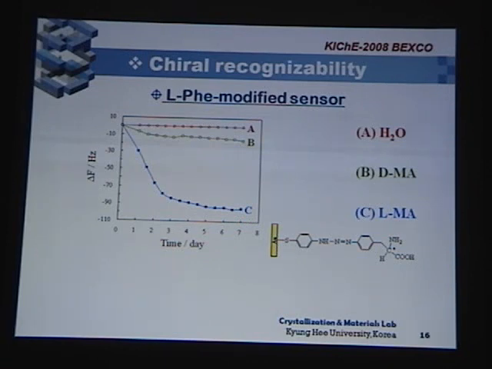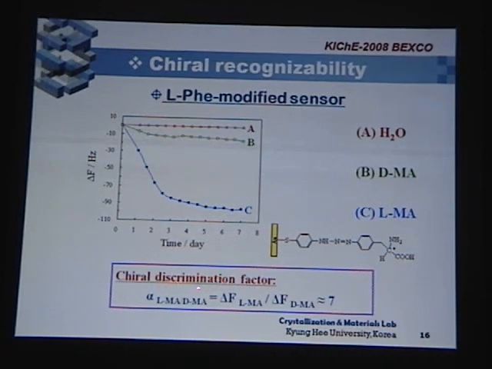So from these results, we can see that this alpha-anion modified sensor surface has recognizability for L and D mandelic acid. The chiral discrimination factor obtained here is about 7.